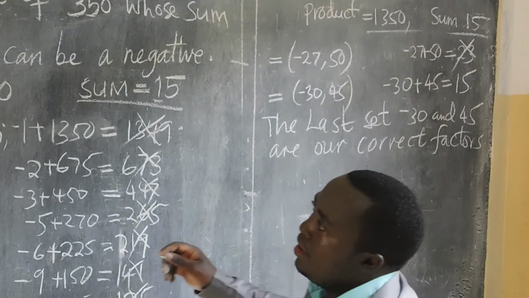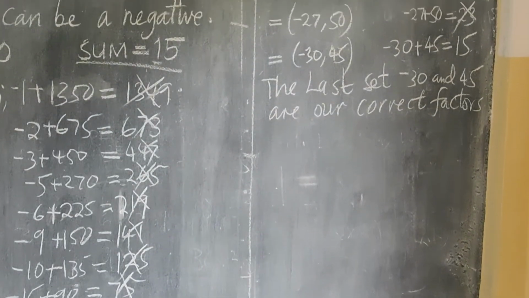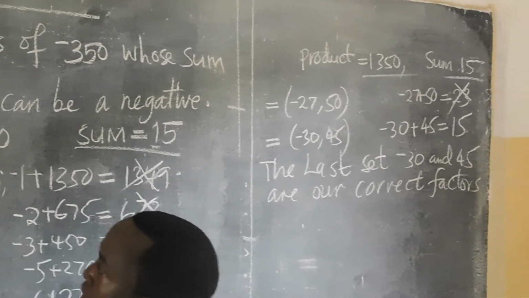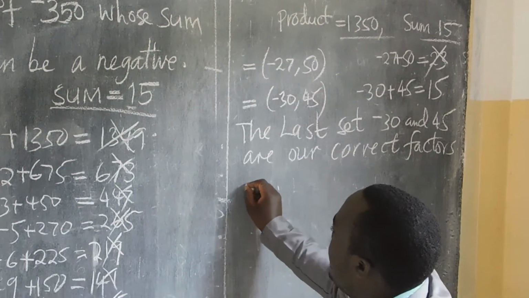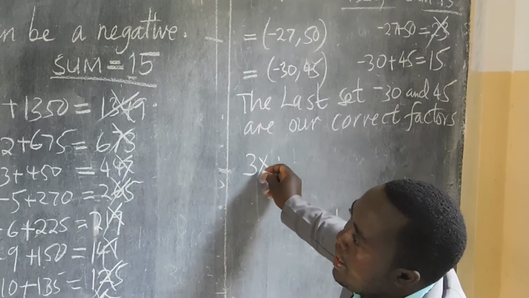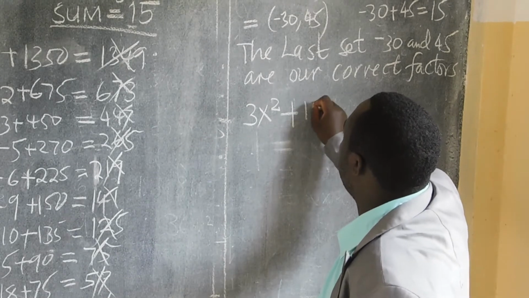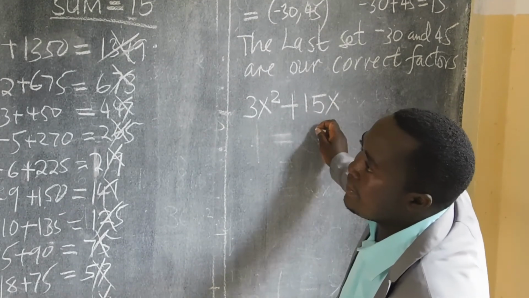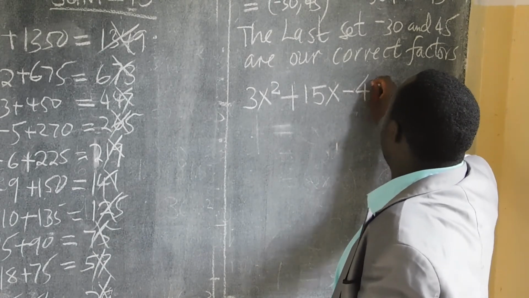Our equation of the quadratic equation is 3x squared plus 15x minus 450.